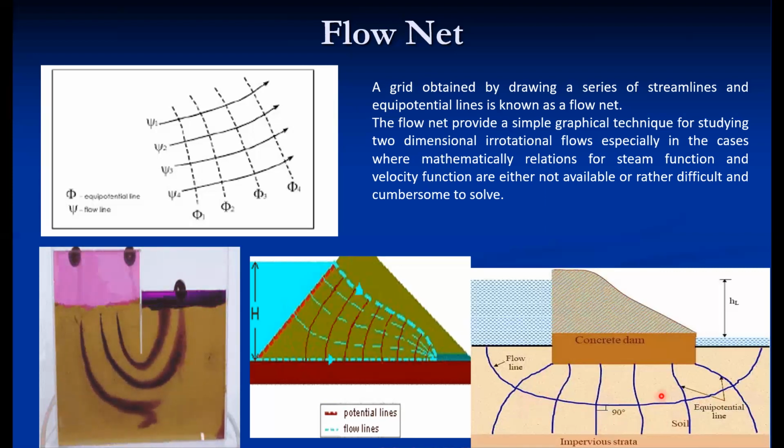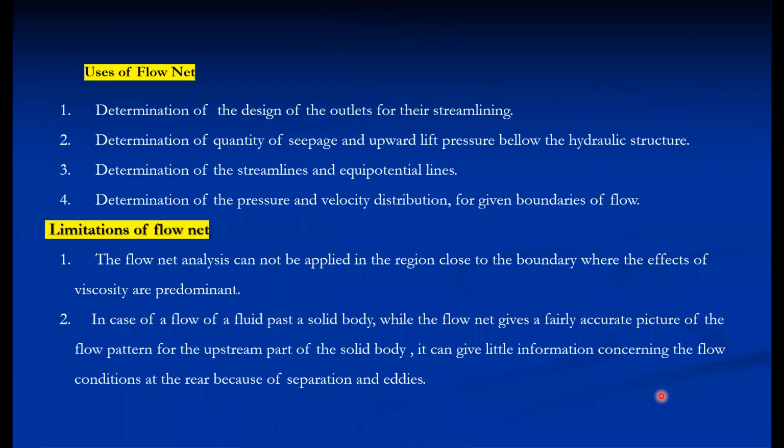So these are the uses of the flow net. The main use is the determination and design of outlets for streamlining. So outlets we can define using this particular technique.